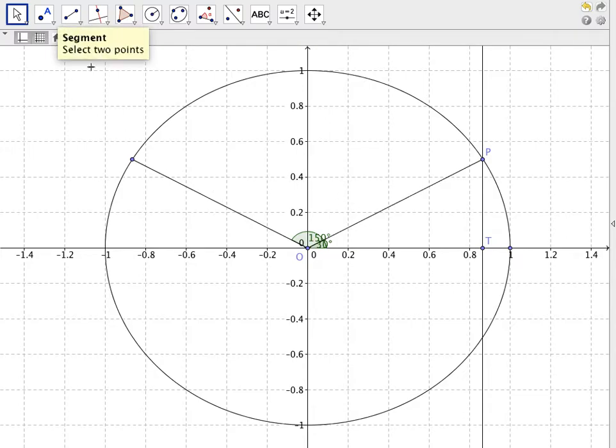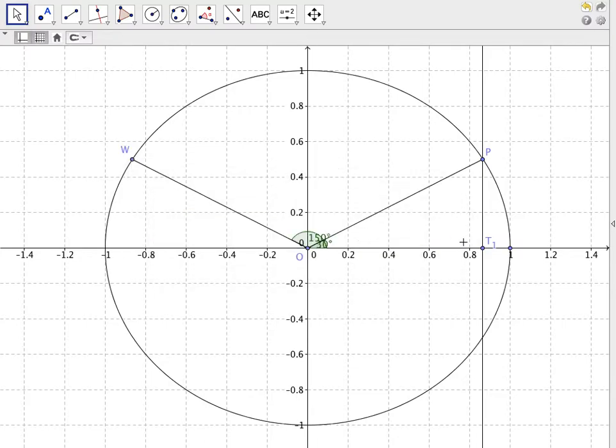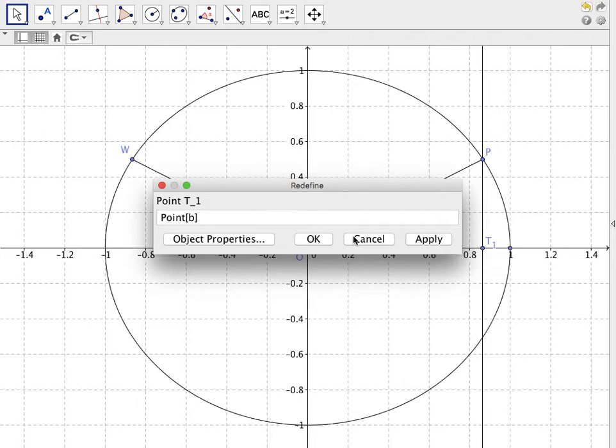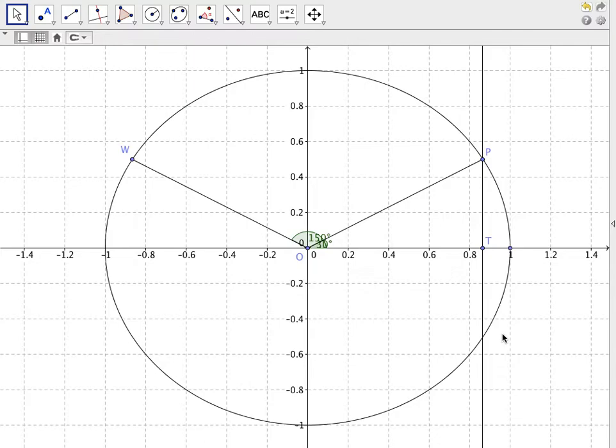Actually, I already had a T, so let's name this point W. Another way of saying this is that the angle TOW is 150 degrees.